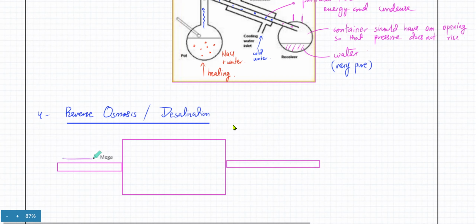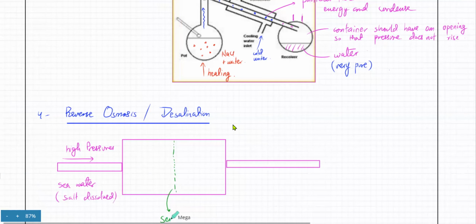For example, there's this seawater that contains a high salt quantity, and it's pumped at high pressures. In the middle somewhere, there are these finely meshed membranes, which are really, really fine, much finer than filter papers. That's known as a semi-permeable membrane.